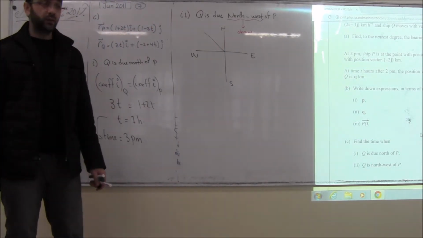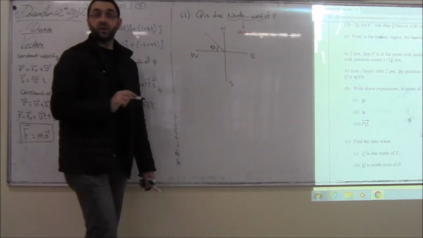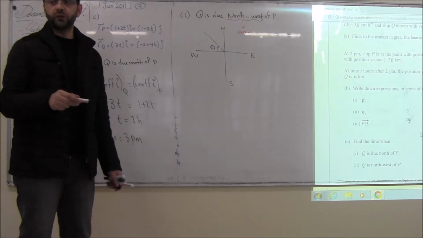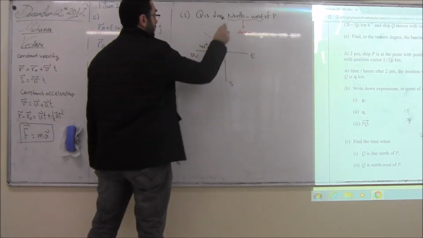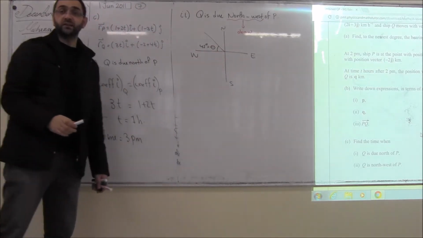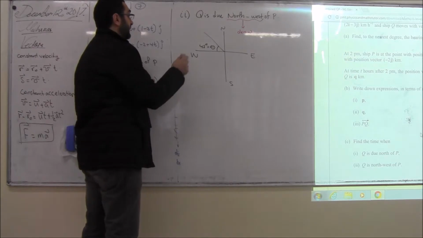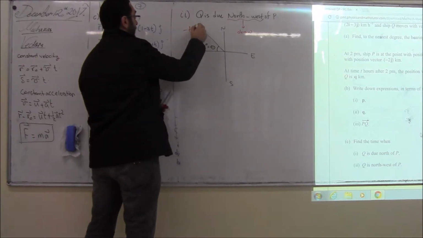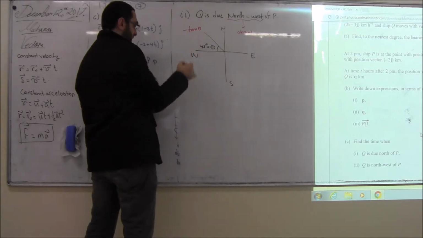Here is theta, which should always be measured with the x-axis, which is 45. Northwest is always an angle of 45. Here tan theta is negative, because it is in the second quadrant, where tan is negative.